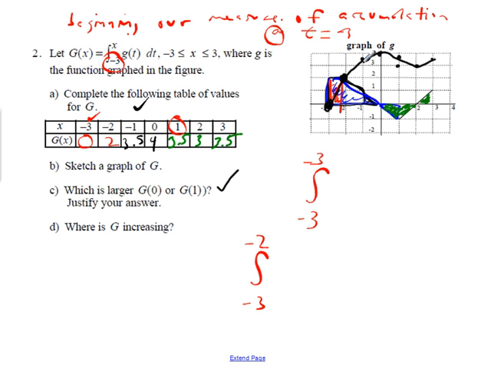Clearly, g of 0 is bigger because between 0 and 1, I'm losing. I've got a negative area, so I'm losing value. And where is g increasing? Well, g is increasing everywhere where my little g of t function was above the x-axis. So it's increasing from -3 to 0 and from 2 to 3.